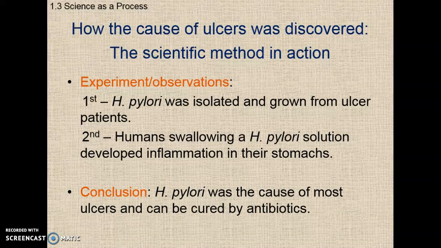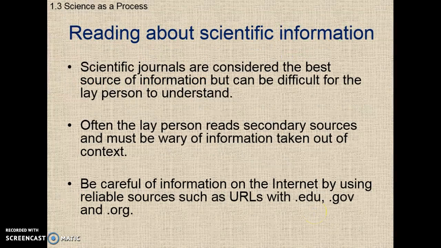You have your experiment or your observations, same as we mentioned before. Helicobacter pylori was isolated and grown from ulcers, and then humans swallowing it developed the inflammation, and then you simply treat with antibiotics. So, all of that was followed within the scientific method.